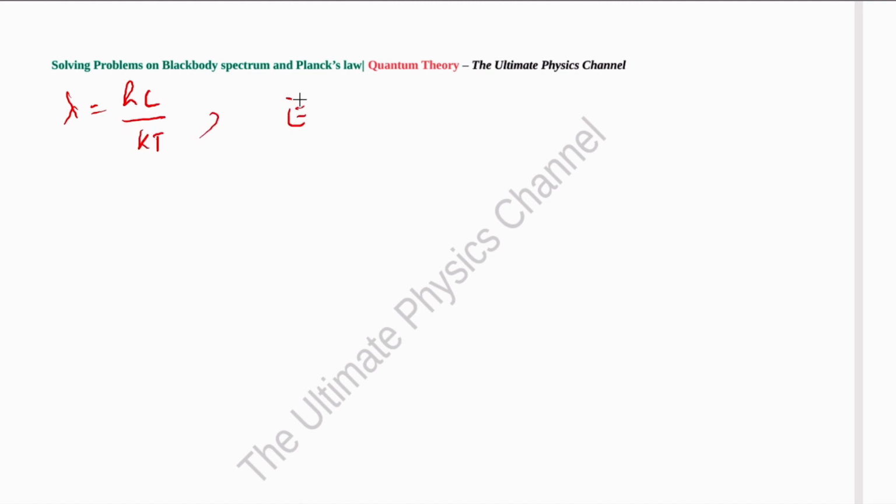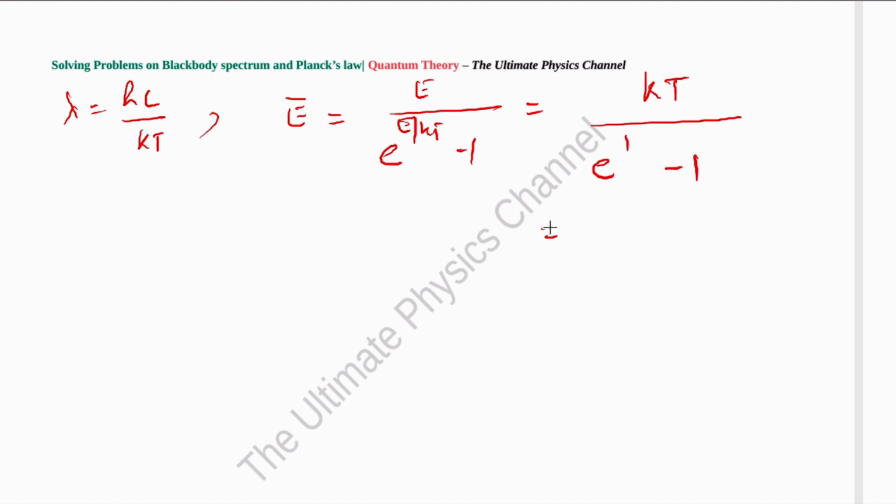what would be the average energy E bar, which is E over exponential E over kT minus 1, which is kT over e power 1 minus 1.